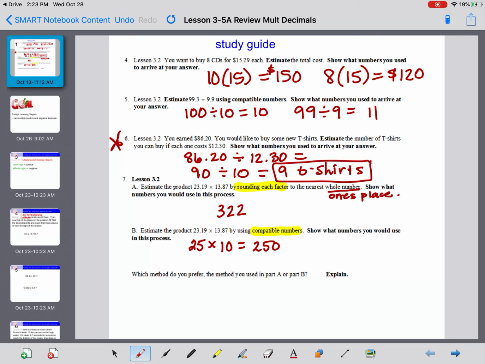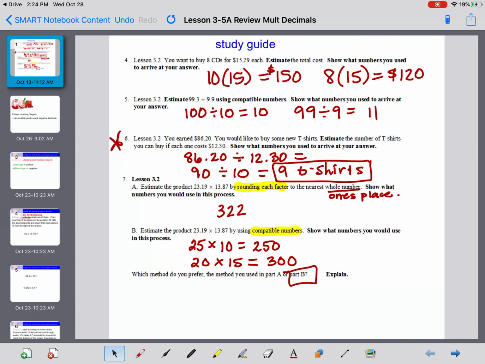However, it was much easier to estimate in my head. Other people might have taken 20 times 15, and you would have gotten 300 using compatible numbers. So which method do you prefer? The method in part A or the method in part B? Most people choose part B because it's easier to do the math in your head.